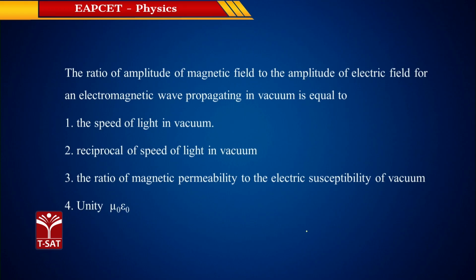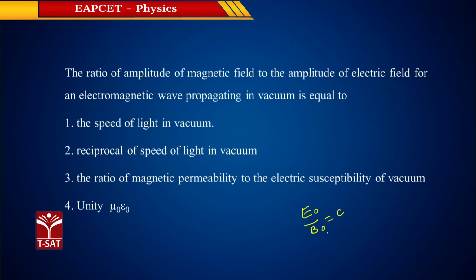The ratio of the amplitude of magnetic field to the amplitude of electric field for an electromagnetic wave propagating in vacuum is equal to what? Children, I already explained that E0 by B0 is equal to C. That means the ratio of electric field and magnetic field equals the velocity of light.